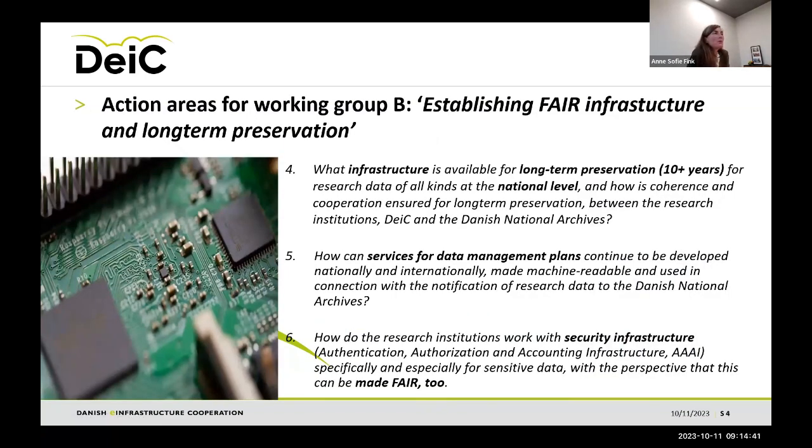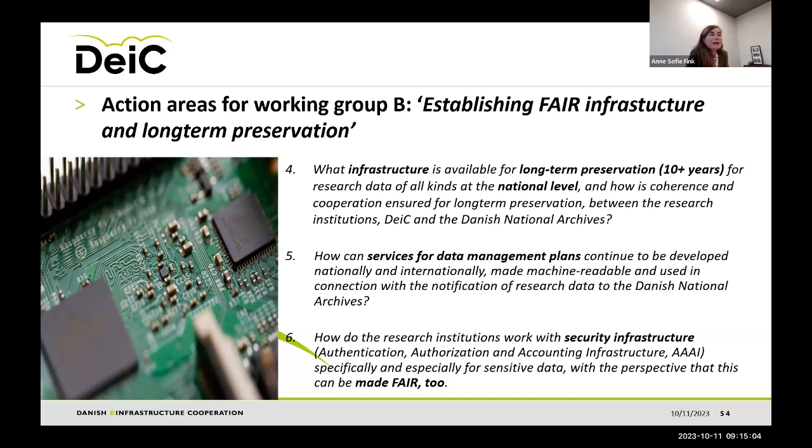Action areas for group B, and this is the group that wants to survey how we establish a FAIR infrastructure and long-term preservation. We'll be surveying what infrastructure is available for long-term preservation, and that we have set to be 10 years or longer, for research data of all kinds at the national level.